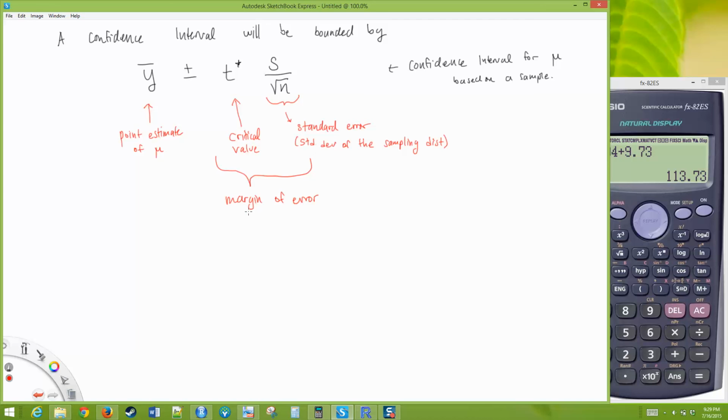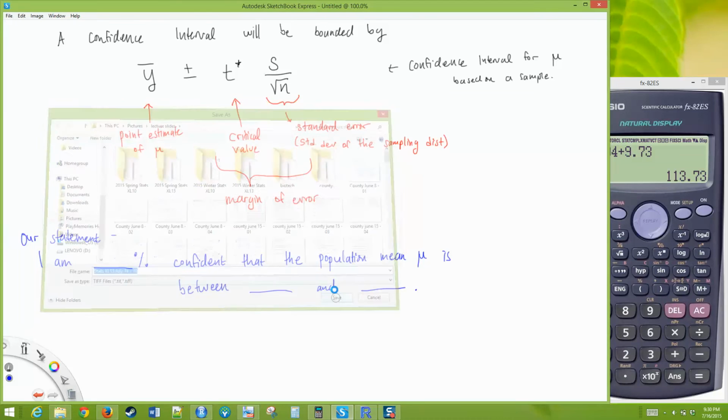Okay, so this is our confidence interval, and we make a statement. Our statement goes something like this: I am blank % confident that the population mean mu is between blank and blank.